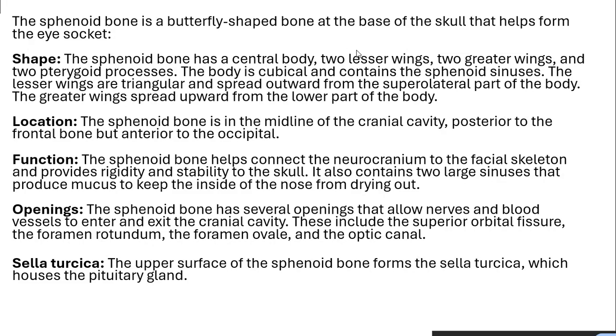This includes the superior orbital fissure, the foramen rotundum, the foramen ovale, and the optic canal. Sella turcica. The upper surface of the sphenoid bone forms the sella turcica, which houses the pituitary gland. We just saw why it's so important. ETSS.